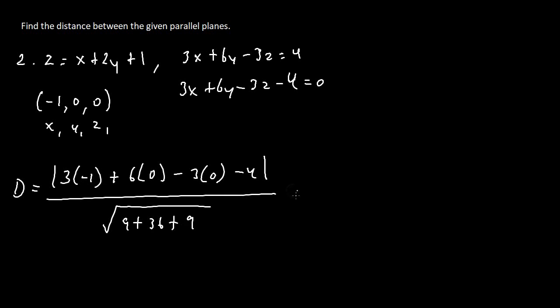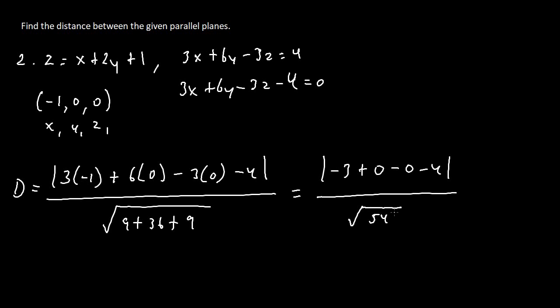So on the numerator, we'll get the absolute value of negative 3 plus 0, and then minus 0, minus 4. And then on the denominator, we'll get the square root of 36 plus 9 plus 9, which is 18. So 36 plus 18 gives us 54. Now, 9 times 6 is 54, so we can simplify the square root of 54 into 3 times the square root of 6.